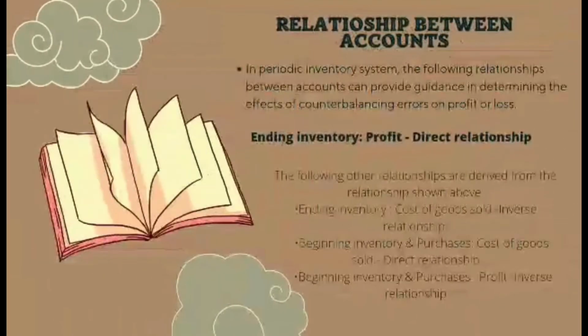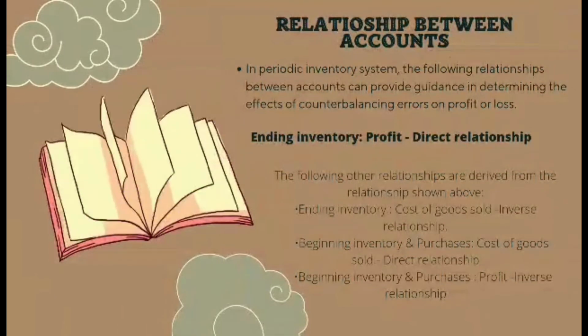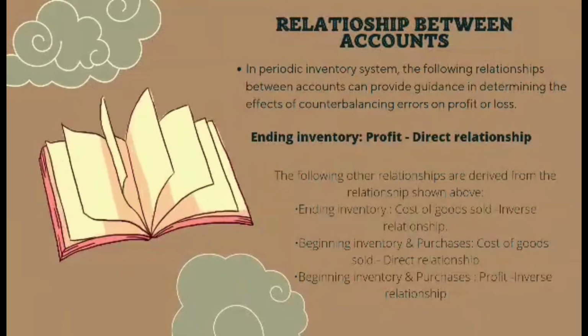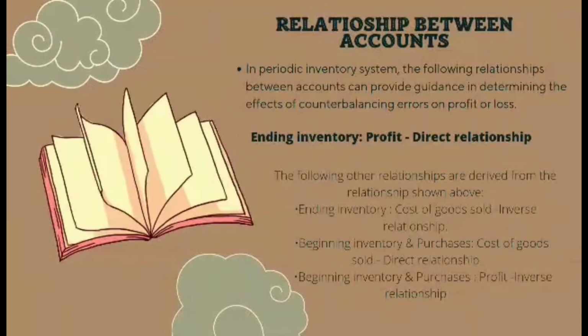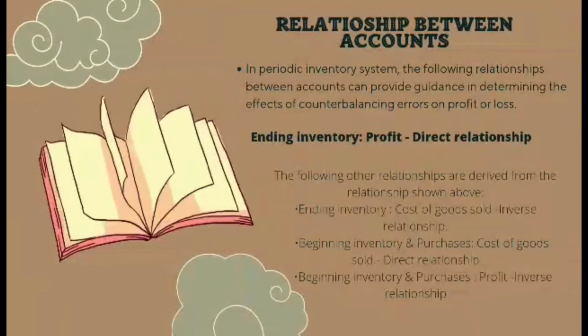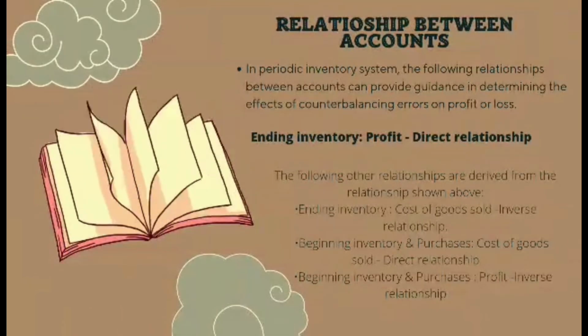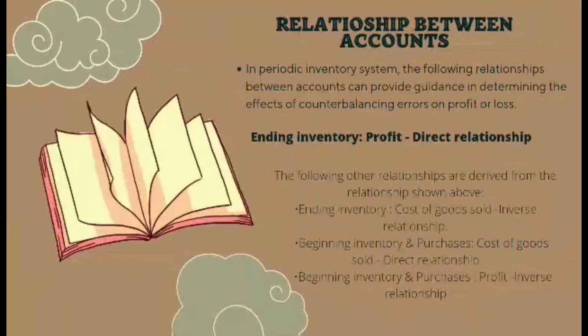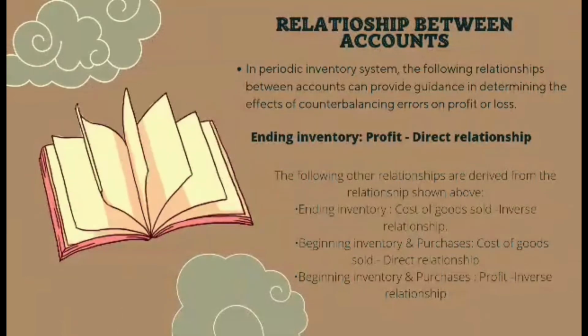Relationship between accounts. In periodic inventory system, the following relationships between accounts can provide guidance in determining the effect of counterbalancing errors on profit or loss. To see direct relationship, it means if an ending inventory is understated, profit is also understated.